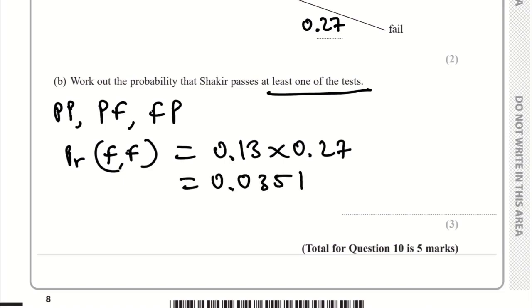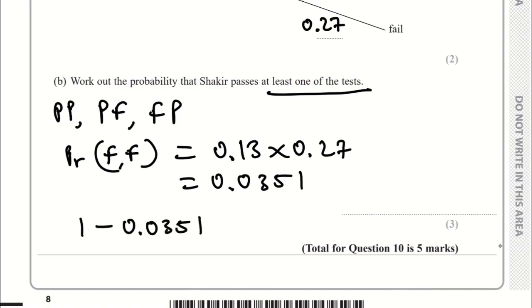Now, because we are trying to rule out the probability that he will fail the two tests, since it's not going to be part of the probability that he will pass at least one of the tests, we are taking it out. And like I said before, when you add all the probabilities, they must be equal to 1. So if we are ruling out this, it's meant to be 1 minus 0.0351.